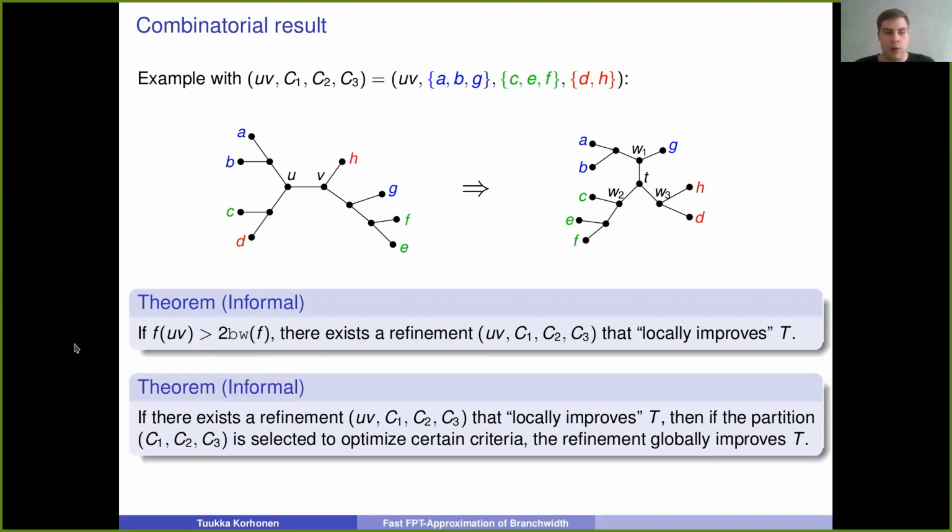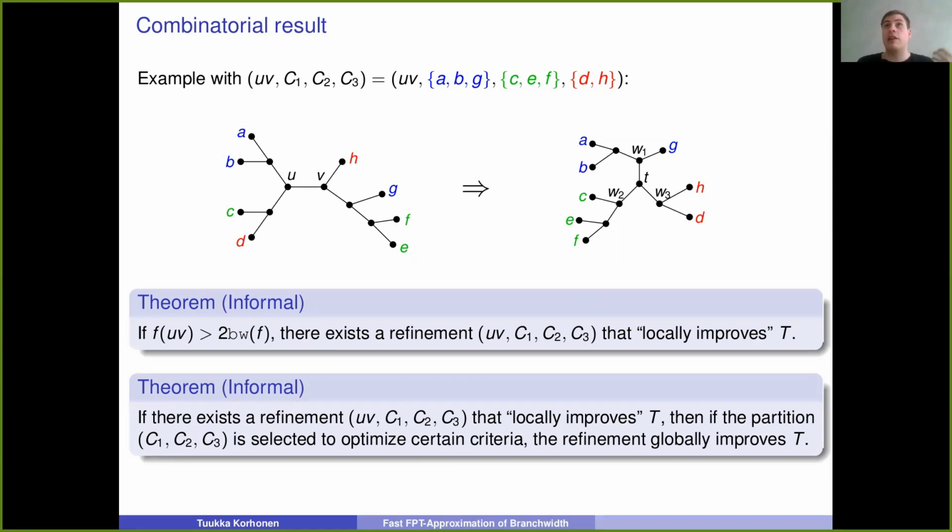What we then show, and what is the most technical part of this work, is that if there exists some refinement that locally improves our decomposition, then if in this refinement we select the partition C1, C2 according to certain criteria, then this refinement actually globally improves our branch decomposition.